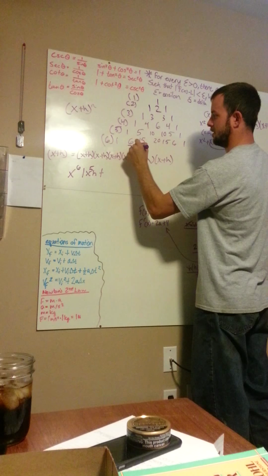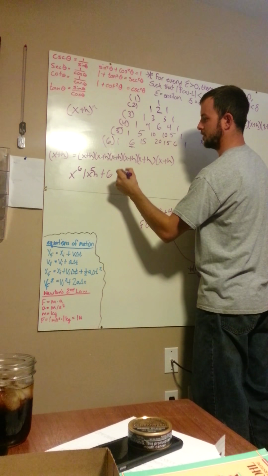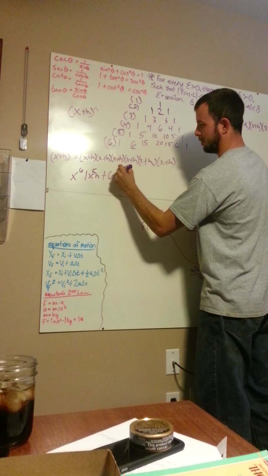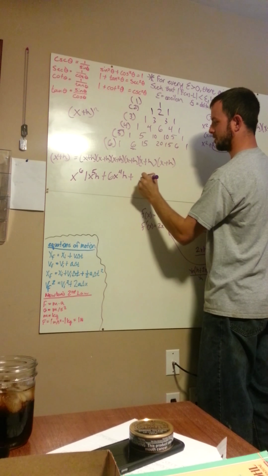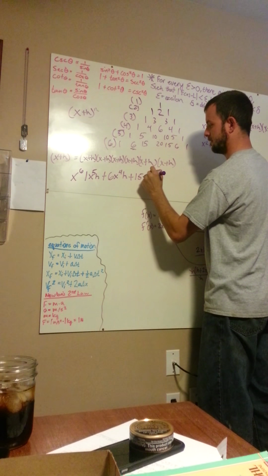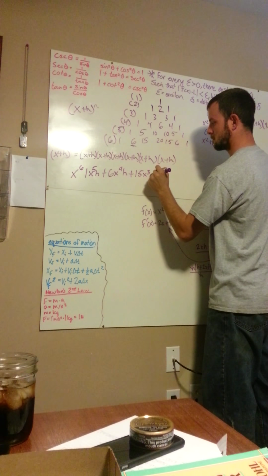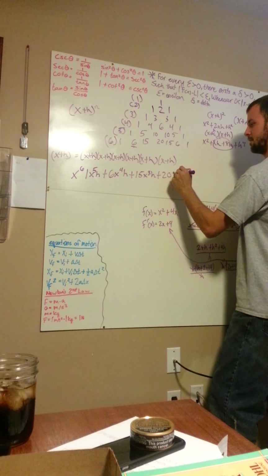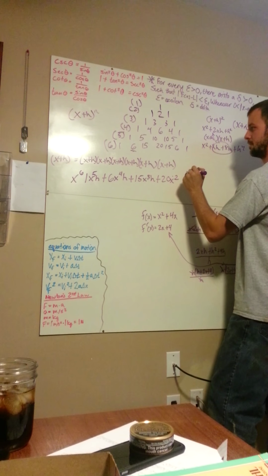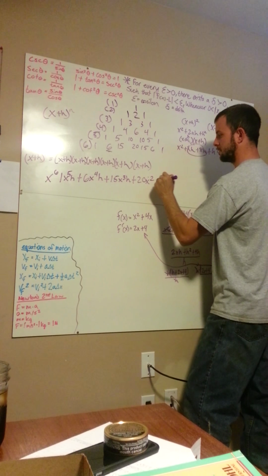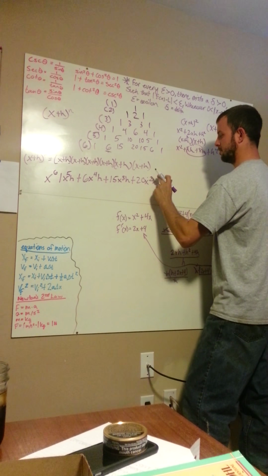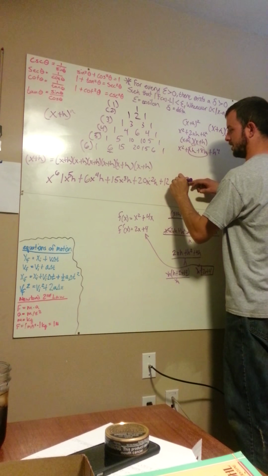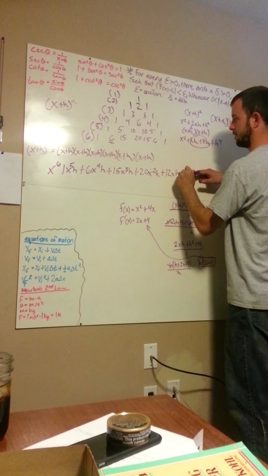Our next coefficient in front of the variables is 6, then the next term is 15, then 20, then 15, and I forgot my h there, need a little more space, 20, back down to 15, we're just at 1 now.